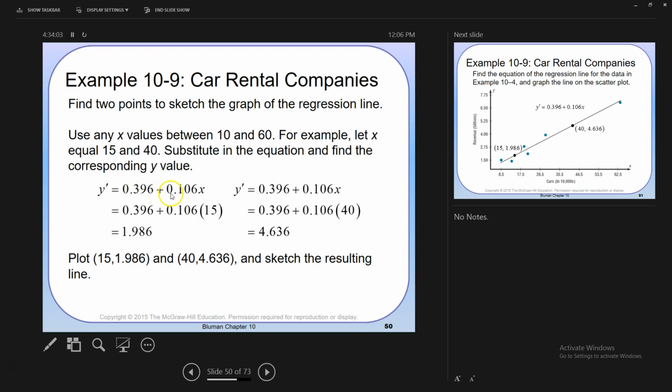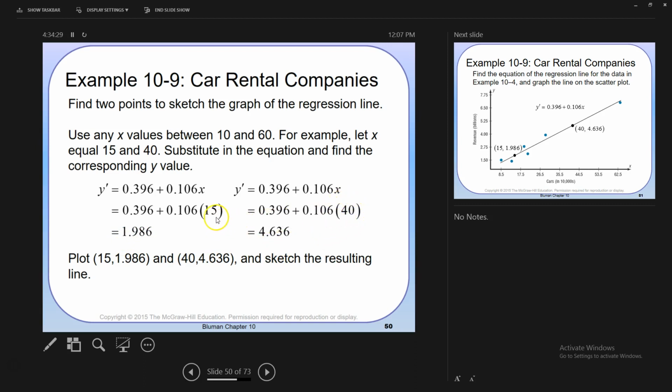We could use the slope and the y-intercept, but since these are odd, unusual numbers, probably the easiest way is to go back and use a more simplistic system by just picking some x's, plugging them in and calculating the y's. So in this case, they've decided to use 15, and they've plugged 15 in for x, and they've calculated it and got 1.986. Then they chose another x of 40.